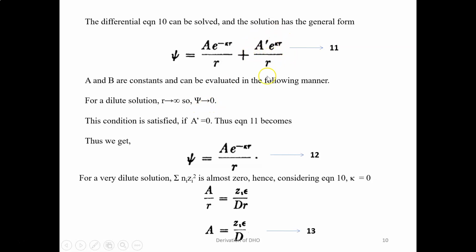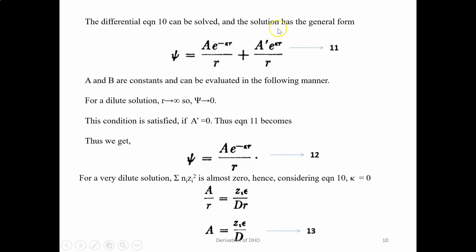But if you look at the second term, even when r tends to infinity, it will not approach 0 unless A dash has a value equal to 0. If A dash is 0, this term will be 0, and when r tends to infinity, psi will become 0.